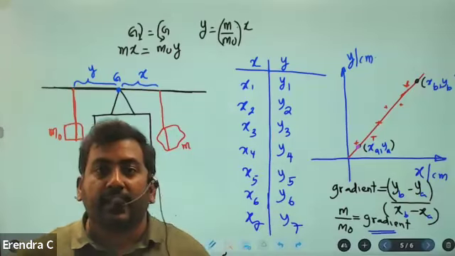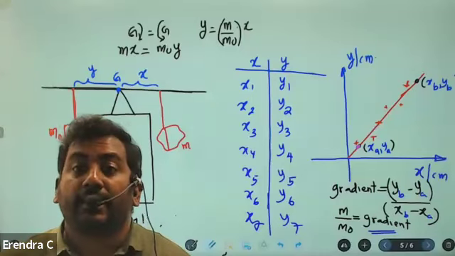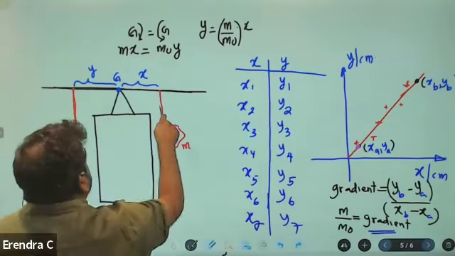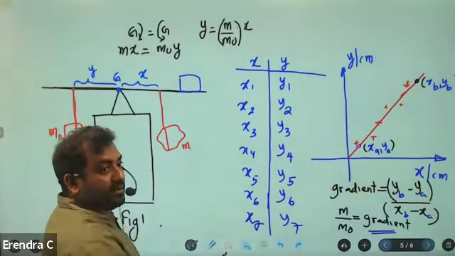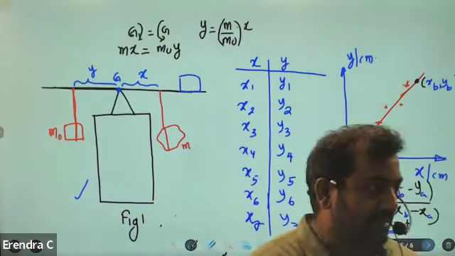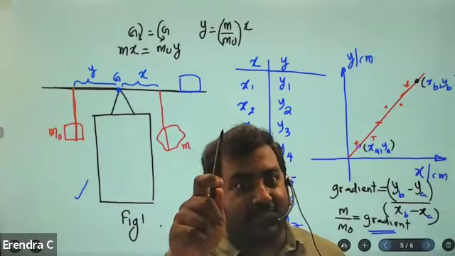Right. These are some questions for the ones who have already done the practical. Why aren't we placing the masses? Why do we need to hang the mass? Why can't we place the mass on the ruler? Others also can answer. But these are questions your school teacher or your lab assistant should have asked you when you did the practical.